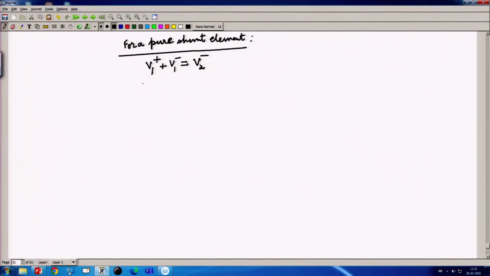Now, as V1 minus is S11 V1 plus, we can write V1 plus plus S11 V1 plus equal to V2 minus.